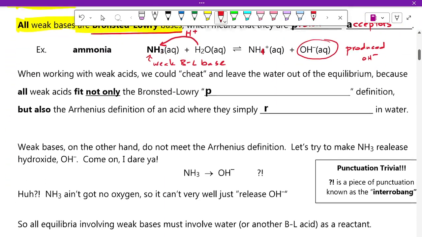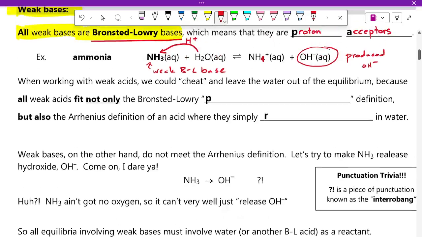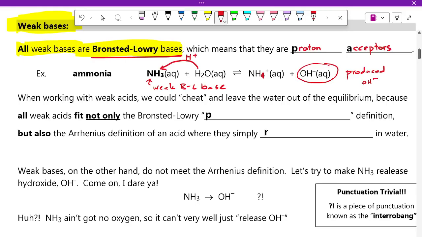But we cannot do that with bases, because when working with weak acids, we could leave water out because all weak acids fit not only the Bronsted-Lowry proton donor definition, but also the Arrhenius definition of an acid, where they release H plus in water.